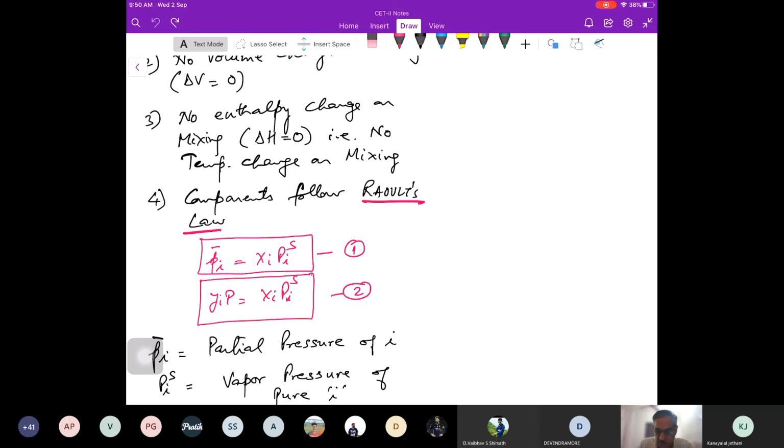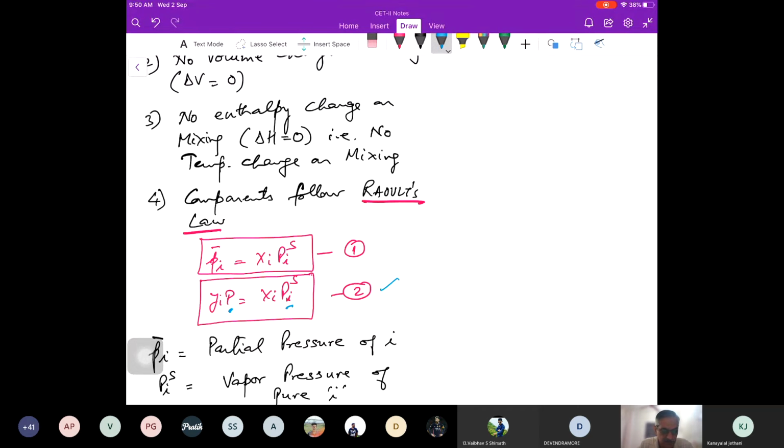So if you know the vapor pressure PiS and if you know the total pressure P, we can calculate Y for any value of X. In this equation, for any given value of x, suppose you assume the value of x is 0.1, you can find the value of y which is in equilibrium with the liquid.